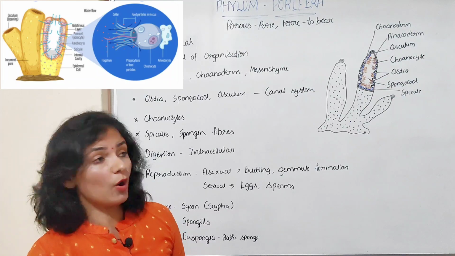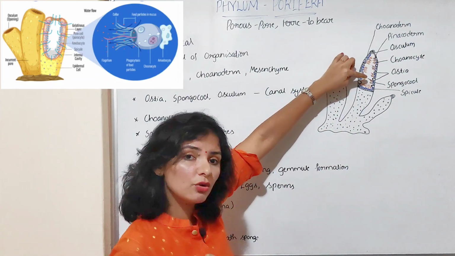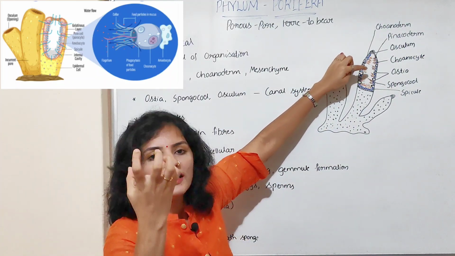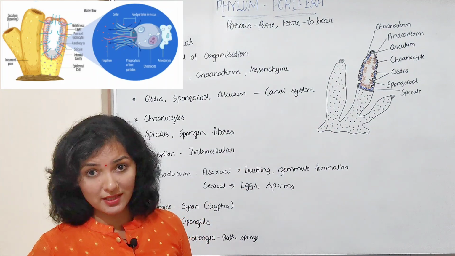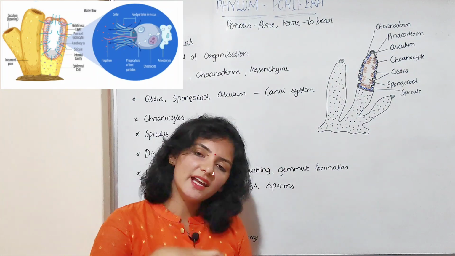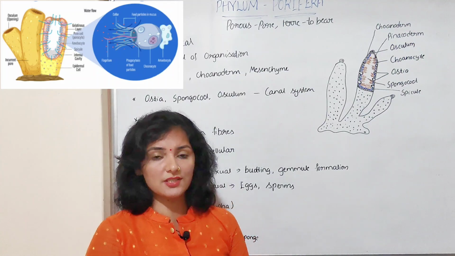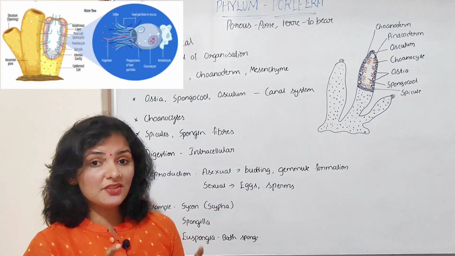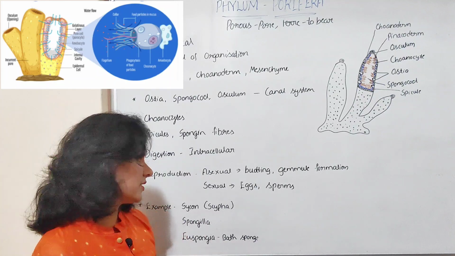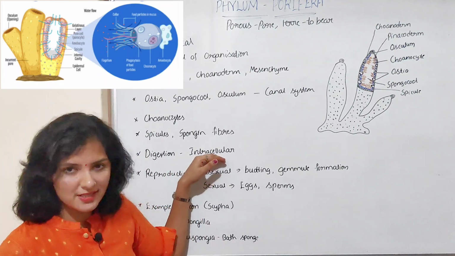The microvilli gather these food particles and send them into the choanocytes, where they are digested. So that's how digestion takes place in poriferans. Digestion takes place inside the choanocytes. That's why it is intracellular.